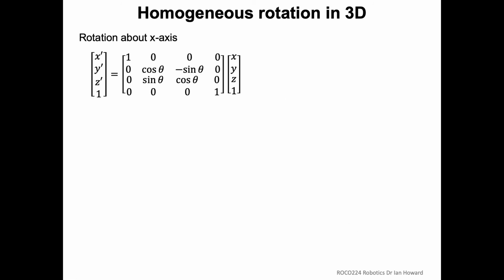If we did the same for the x-axis, of course, then in this particular case, the x values stay the same, so the 1's up here. We've got our 3 by 3 rotation matrix for rotation around the x-axis. Again, we've got no translation, so that's 0, 0, 0, and again 0, 0, 0, 1. Right.